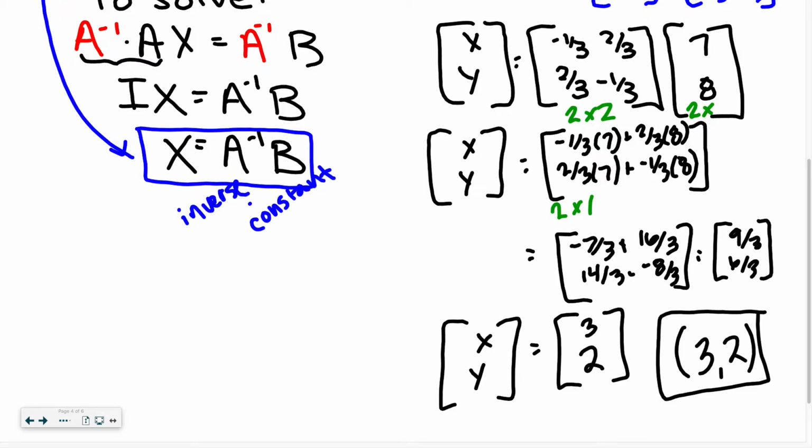Now on Friday's quiz, I will probably ask you to solve this system using an inverse matrix or matrix equation. So then you have to do it this way so I know you're aware of what's going on.